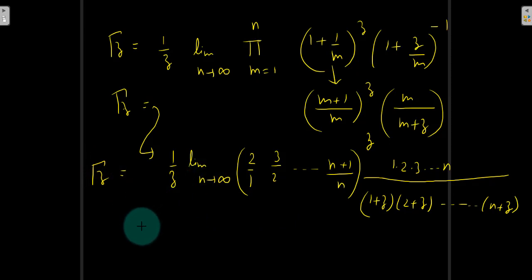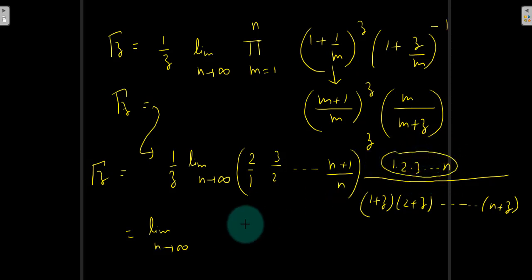Now we can write it as limit n tends to infinity. Take this z inside, and what is this? This is factorial n. So factorial n, all these terms get cancelled, so you just get n plus 1 to the z.